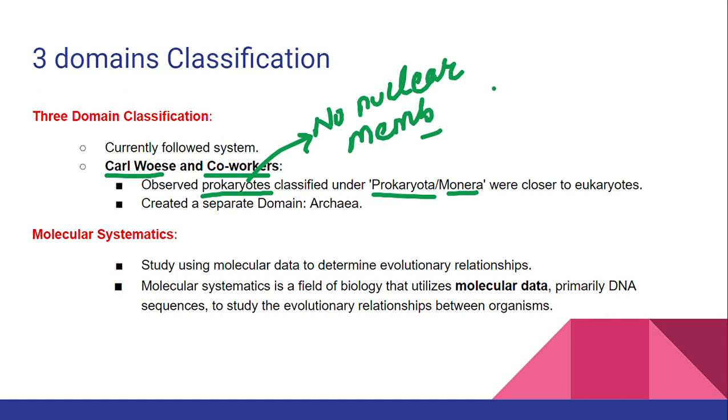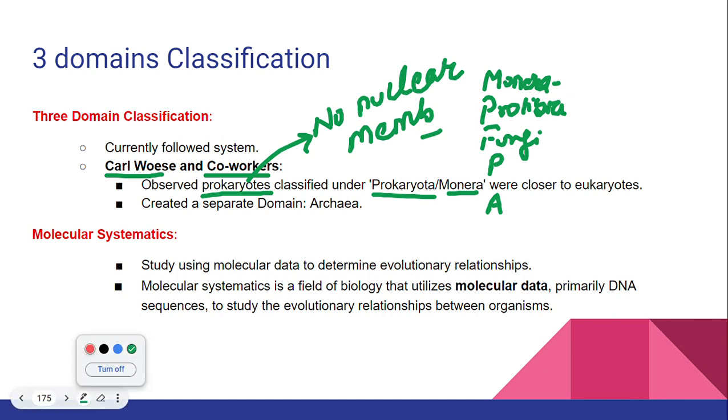Now class, you have to understand one thing. This you will be studying in your biological classification. We have the 5 kingdom classification. One is Monera. Then we have Protista. Then we have Fungi, Plantae and Animalia. When we talk about Monera, you have to understand that under Monera, I am going to place unicellular prokaryotes.